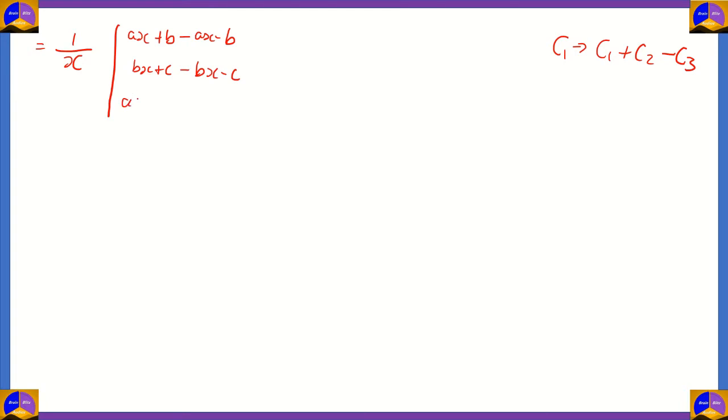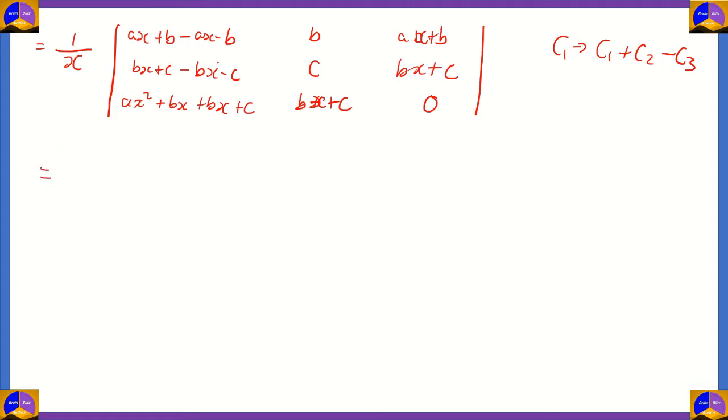Then you have ax squared plus bx, and then plus bx plus c, and then it's a minus 0 because c3 at the third row is 0, so it is not written. Then you can write the other columns as they are: b, c, bx plus c, and then ax plus b, bx plus c, and 0.